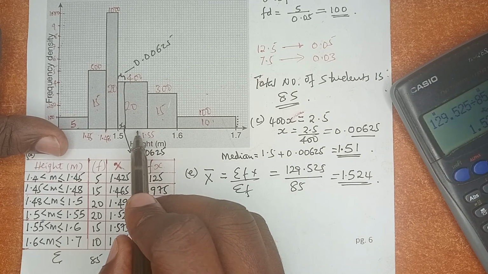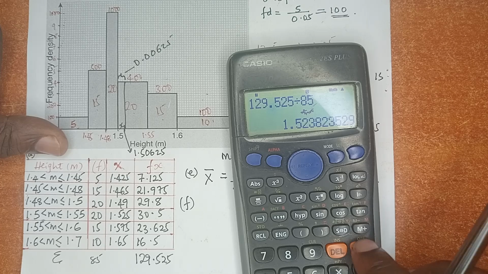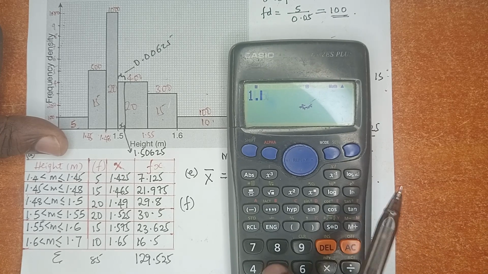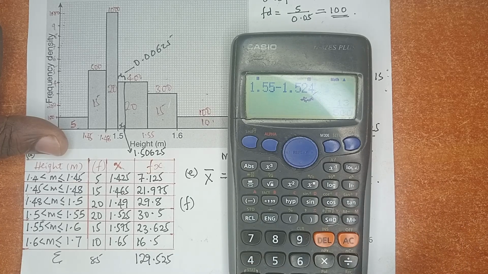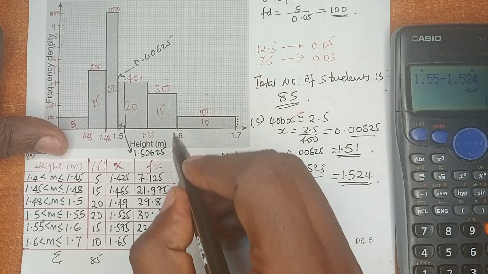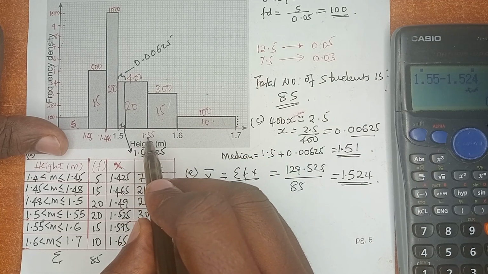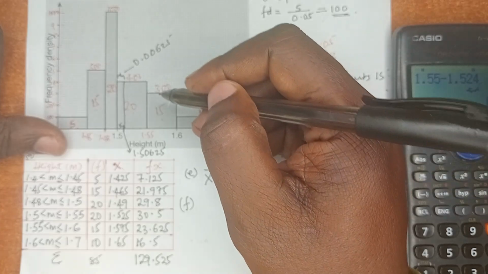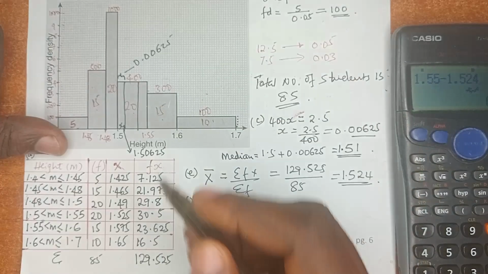It is just before 1.55. And what is the difference? 1.55 minus 1.524. And this is 0.026. This is just before 1.55. And what we realize is that it is just here.